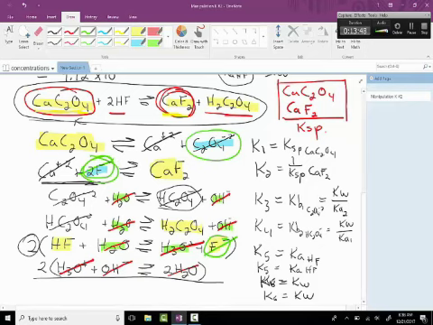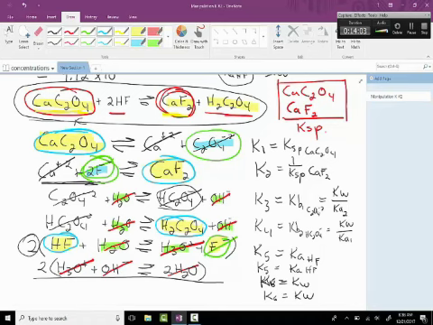Do I have everything I need? In yellow, I have calcium oxalate. I've got calcium fluoride on this side. I have HF, 2 of them, and the oxalic acid. So that does work out. My final reaction when I add them is CaC2O4 plus 2HF in equilibrium with CaF2 plus H2C2O4.